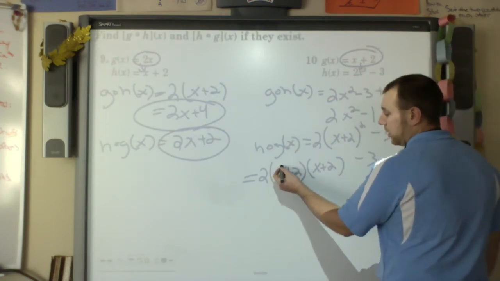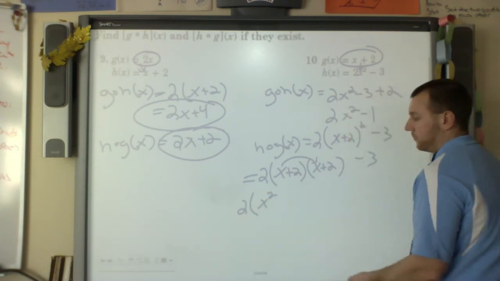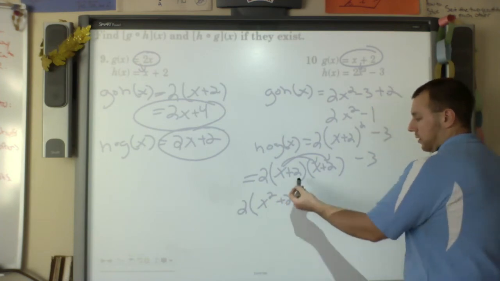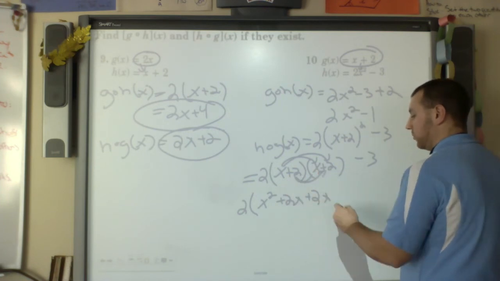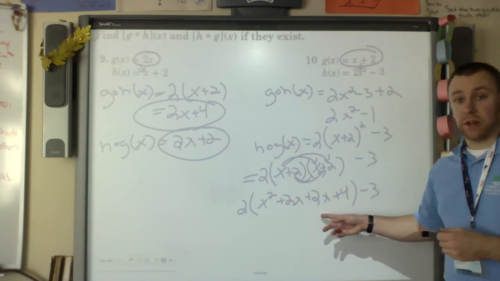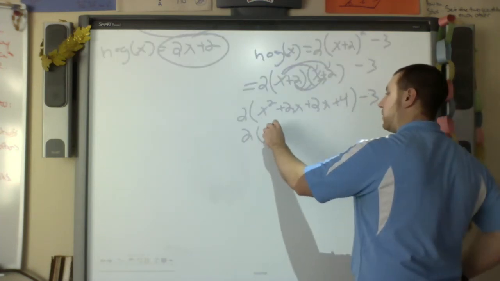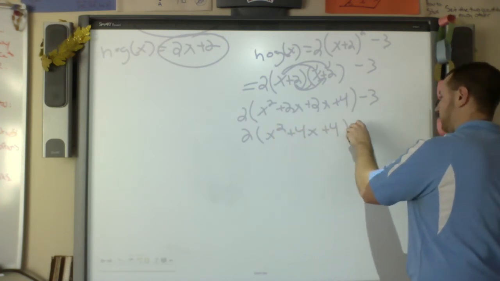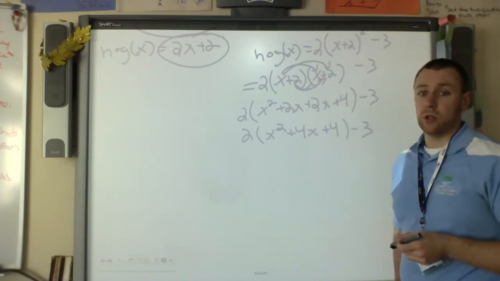So I have to do the x times the x, which is x squared, x times the 2 plus 2x, the 2 times the x, and the 2 times the 2. Now I can simplify these.